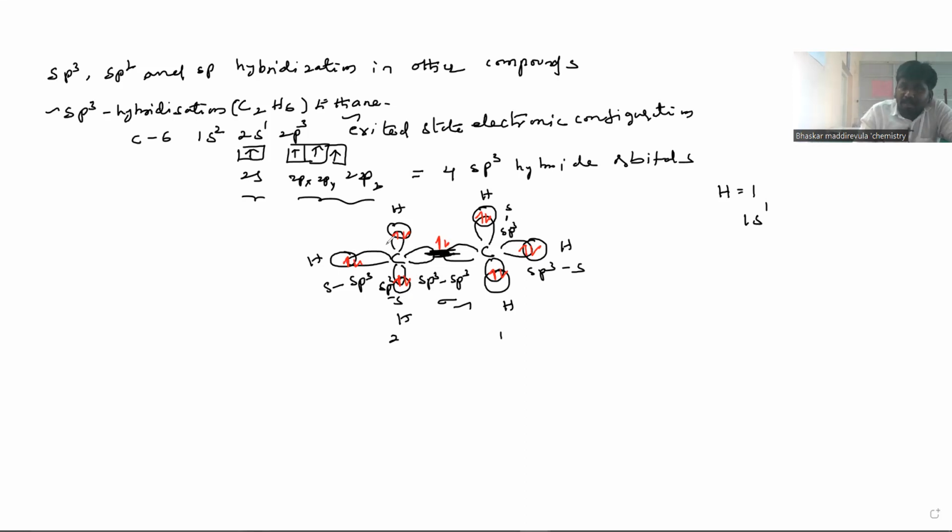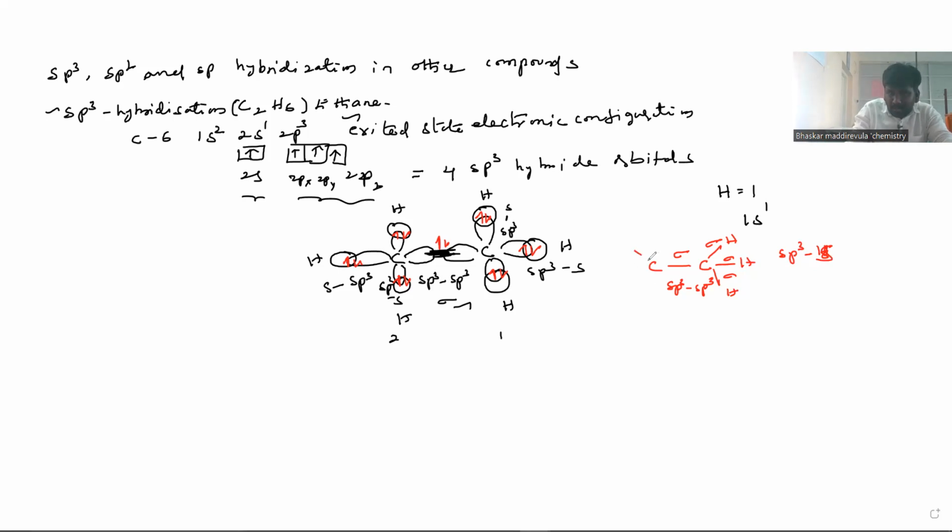Here each carbon is sp3 hybridized. If you see the structure, between the carbons there is a sigma bond formed by sp3 and sp3 overlapping, and the remaining 3 sigma bonds on each carbon are between carbon and hydrogen, formed by the overlapping of sp3 of carbon and s of hydrogen.